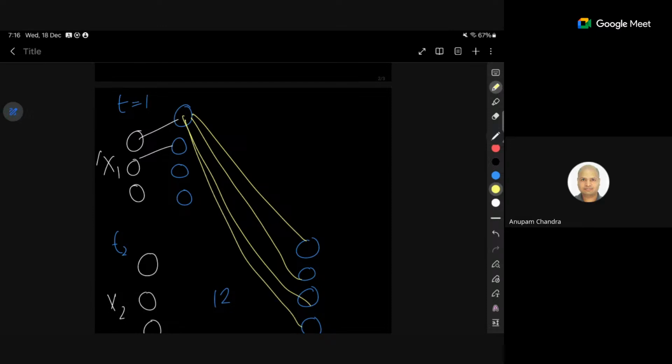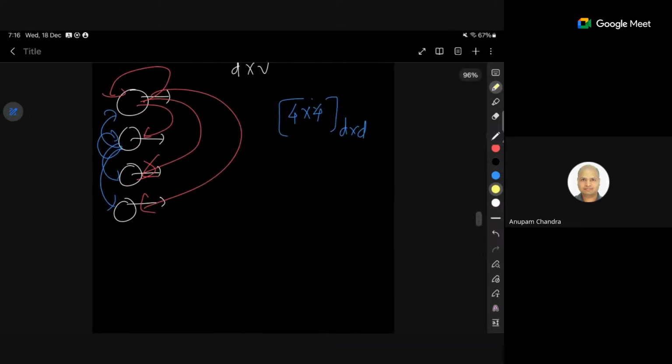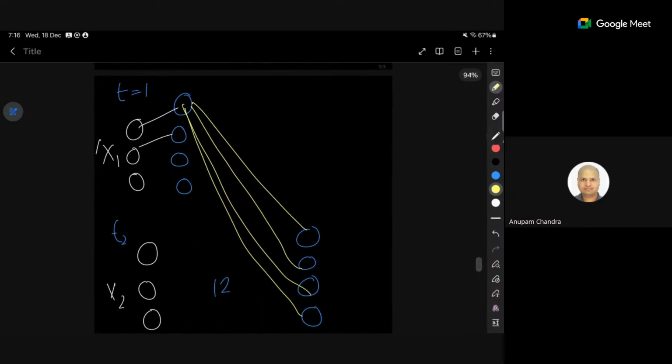So it looks like the one I drew here. This one is going back to itself, right? That's what it means. If it's not time-wise, then you can think of it as going inside, and then one is going to the next one, then the third is going to the third one, and the fourth one. Likewise, all four of them will do it. So this is how it looks.